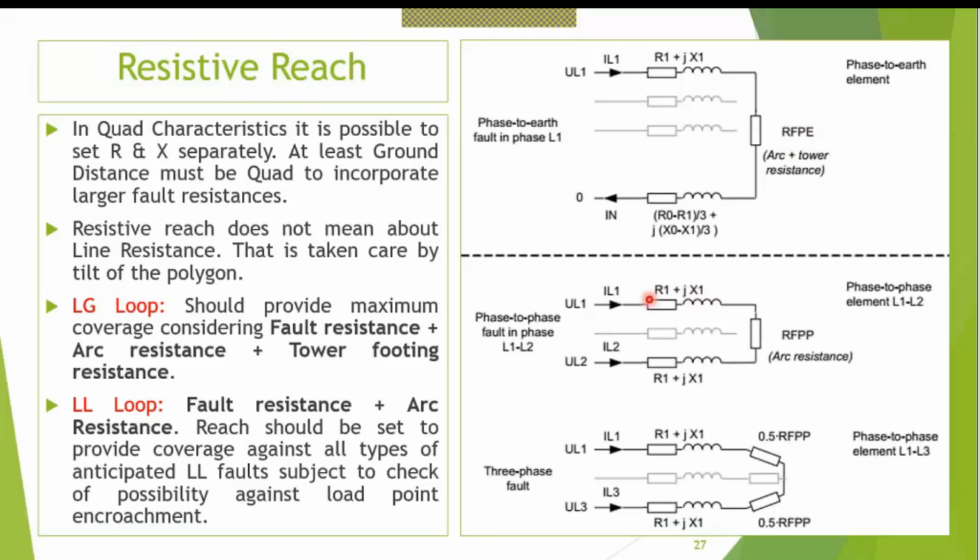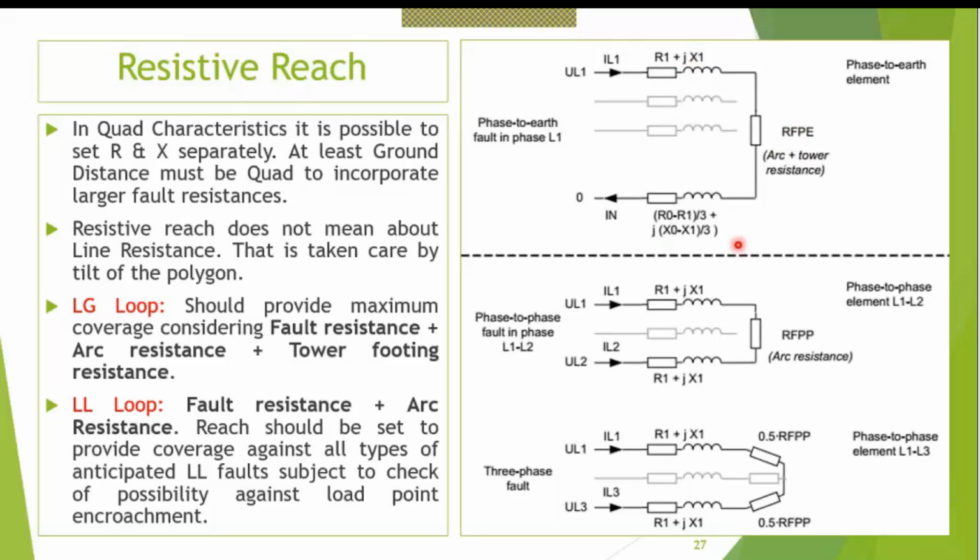And in a phase to phase, what happens? You have RFPP and we take only arc resistance over there. RFPP means resistance to fault in a phase to phase loop. And in a 3-phase fault, the loop resistance is like this. Every relay in its manual will give you the loop diagram. What is the fault loop and the definition of the resistance, reactance and fault resistance it is following.